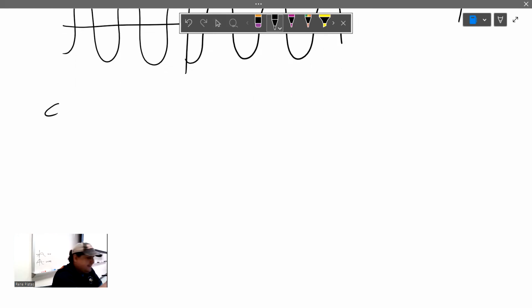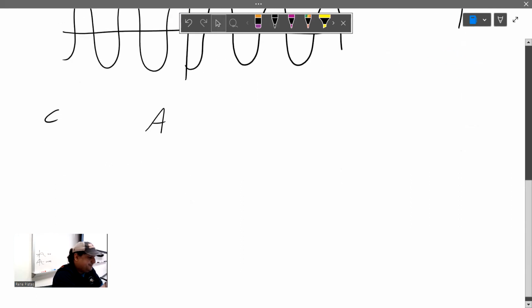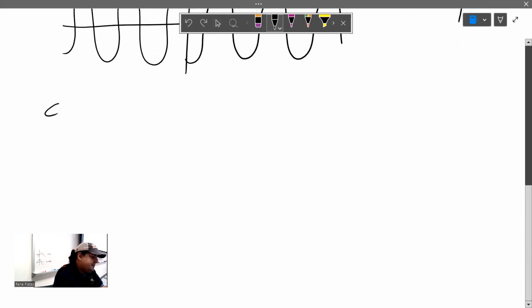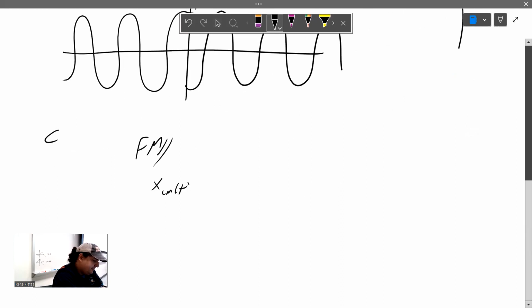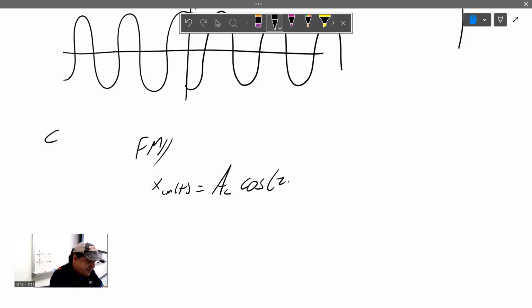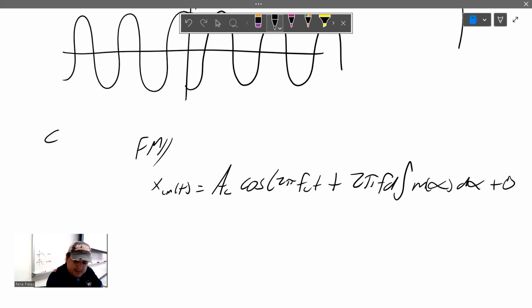The formula says, what was it? For frequency modulation, x_c(t) is equal to A_c cosine of 2 pi f_c t plus 2 pi f_d integral of m(alpha) d alpha.